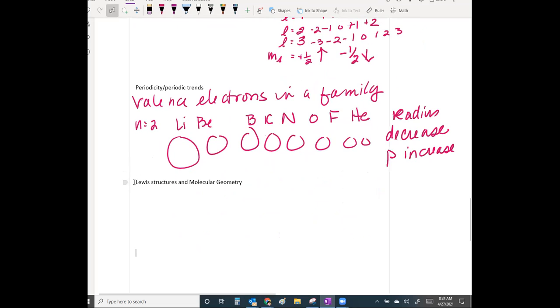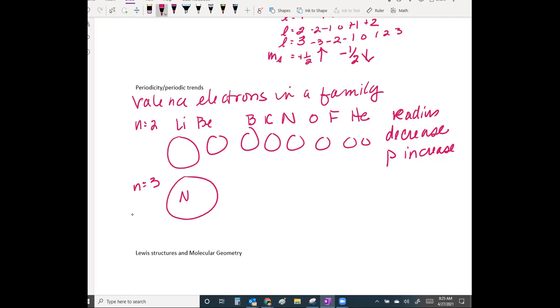When you then go to the next energy level or next row, you're going to pop back up and get a larger radius, and then it's going to start to get smaller again.